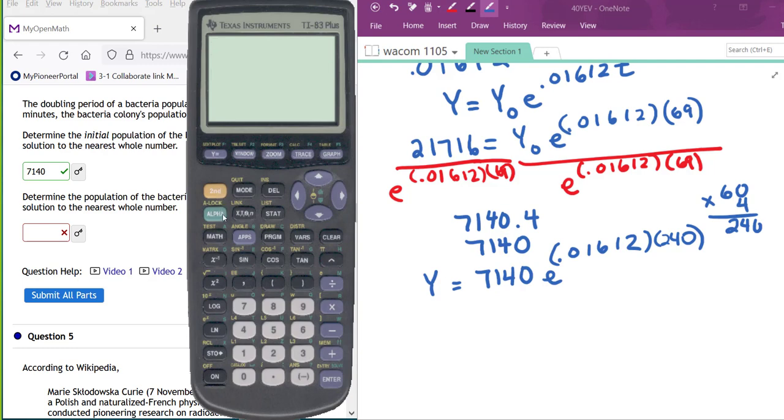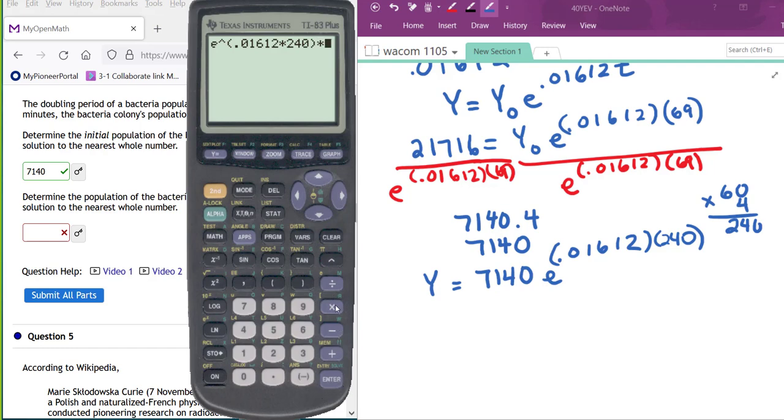So second and E to the parentheses 0.01612 times 240, close.